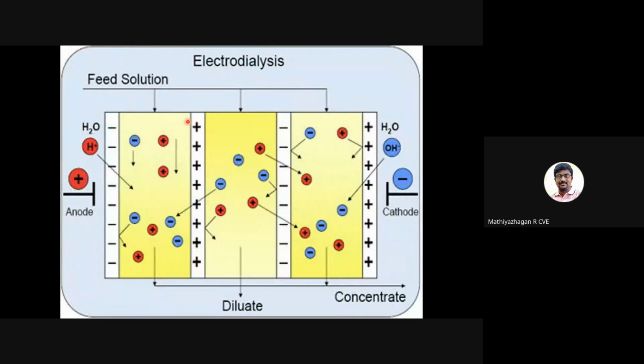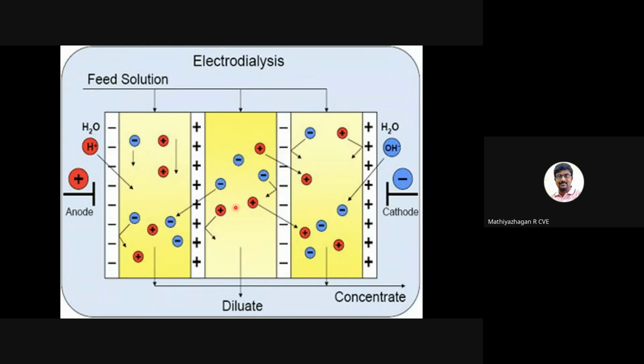Then electrodialysis. We are using electrical charges to separate the ions present in the seawater. Here also we provide oppositely charged semi-permeable membranes alternately in the chamber. This semi-permeable membrane allows only the oppositely charged ions through.